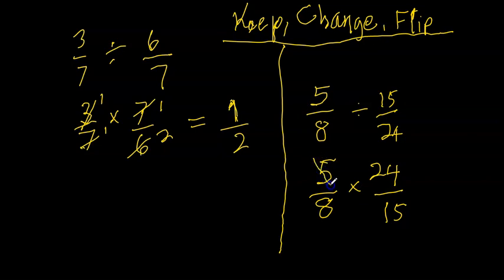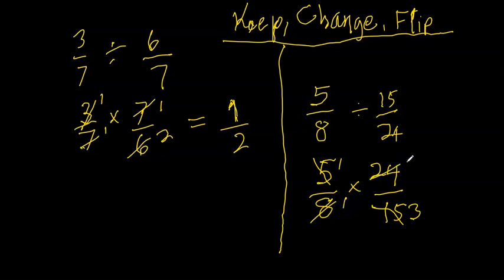So I see a 5 here. 5 into 5 is 1. 5 into 15 is 3. I see 8 and 24. You can start small, dividing by 2, 2, 2, little by little. Baby steps until you get there. But here, if you know it, just do it, right?